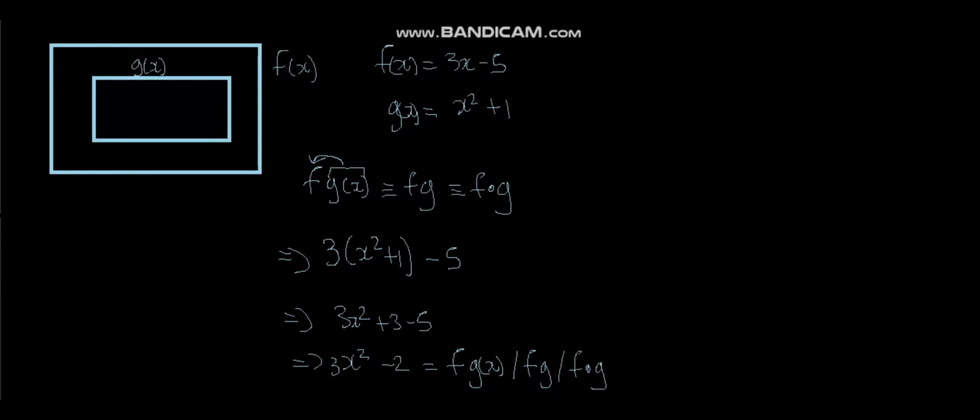Similarly, we can do g f of x. So wherever in the function g where we see x, we put the function f. So starting with the function g, immediately we see a x. So we put 3x minus 5 all squared plus 1.